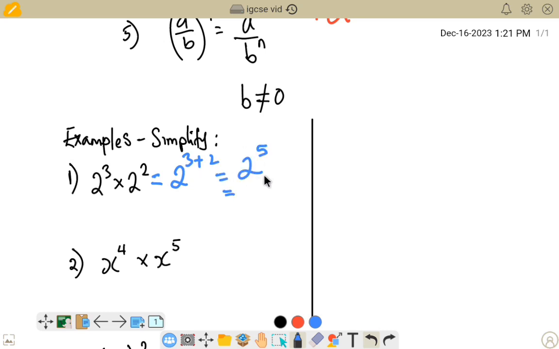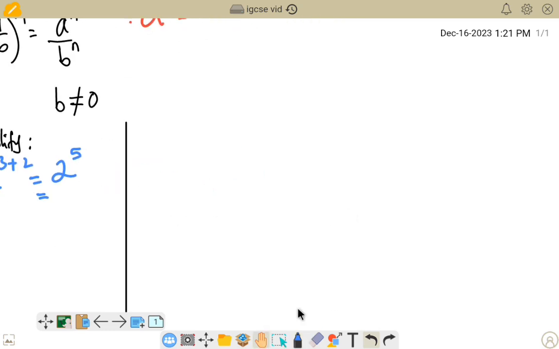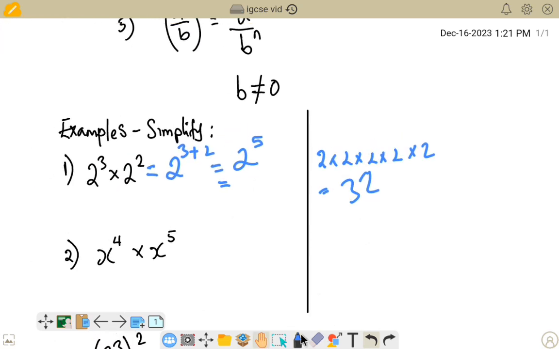And if you break that down, 2 to the power 5 is 2 times 2 times 2 times 2 times 2. That will be 32. So this final answer here is equal to 32. Now move on to the next one.